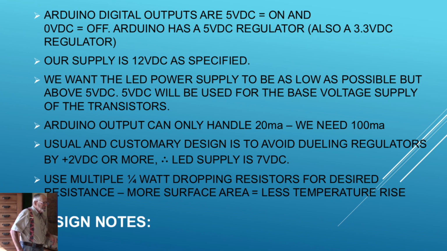I need 100 milliamps minimum per channel, remember? Because you have 10 and 10 set at 10, all in parallel. So the usual and customary design is to avoid the dueling regulators: 5 volts on the inside for our outputs, plus 2 volts or more, so 7 volts will be our supply for the LEDs.